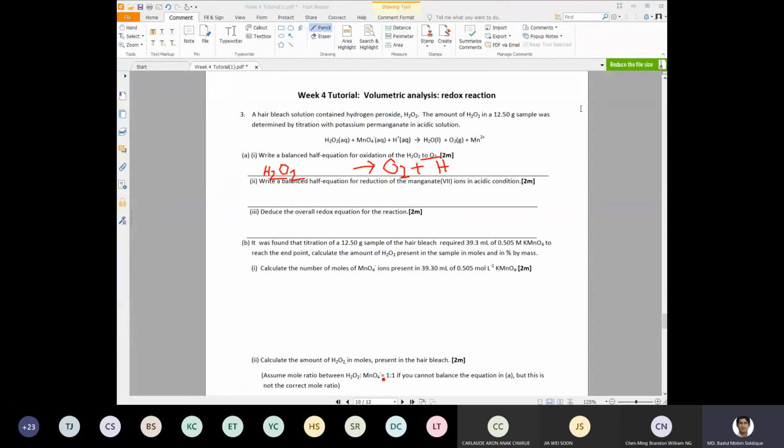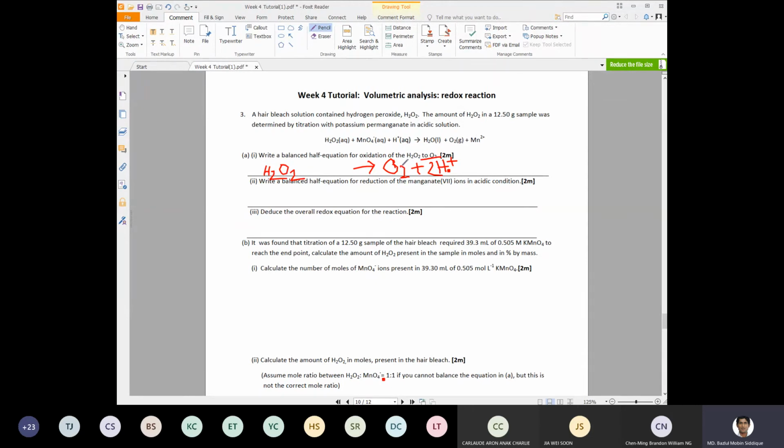After this, we need to balance up this equation. There are two oxygen on this side, there are two hydrogens. So I have to have two hydrogen on this side, and it should be positively charged, two positive charge. I'm producing here not water but oxygen, because the problem asked that oxygen is being produced, right?